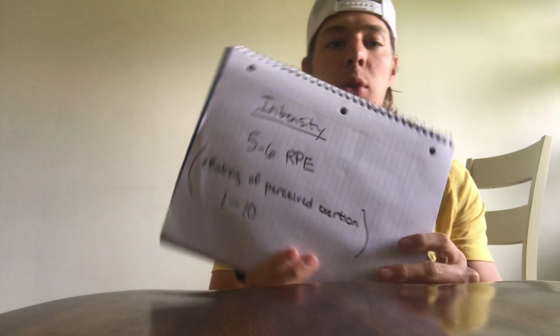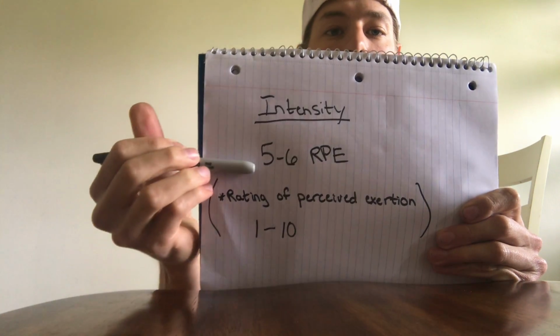And 10 being it's the hardest exercise you have done. You can probably only do it once and you don't really want to do it again because it was so hard, right? So 5 to 6 RPE, when I usually am talking about the RPE, I'm usually talking about the weight we are using, okay? So a 10 would be really, really heavy. You can barely move it at all, and it's moving really, really slow.